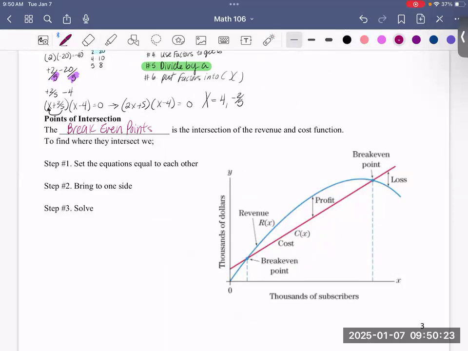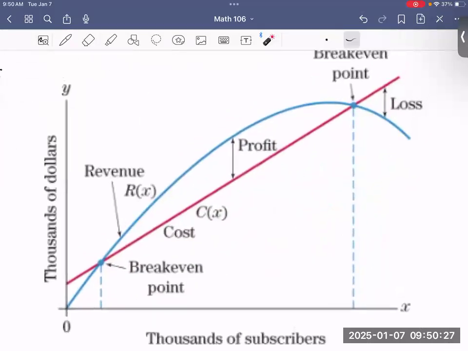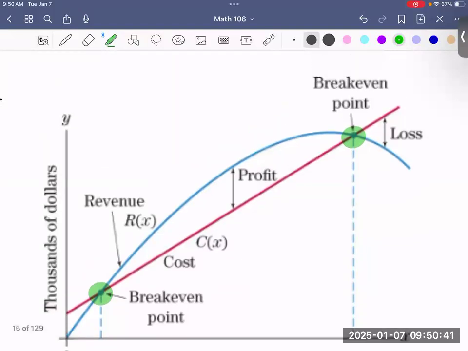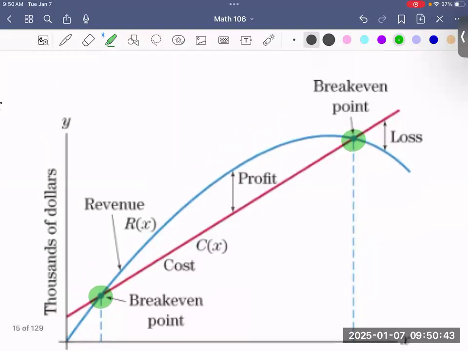And to find where they intersect, notice that on this particular graph, locate its intersection points. Well, where they intersect is where they end up meeting. This is where they end up being equal to one another. These are called your break-even points. You're not losing or gaining anything. This is where you're kind of at a stalemate almost.